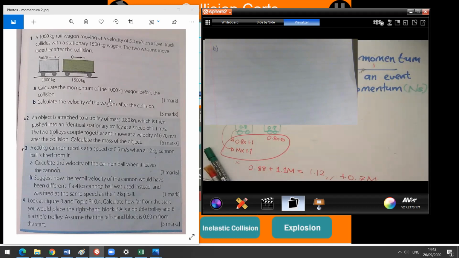Would the recoil velocity be much less? Absolutely correct. Spot on. It would be much less. The momenta have to equal each other, so that means the momentum is going to be less. So that requires the speed to be much less.